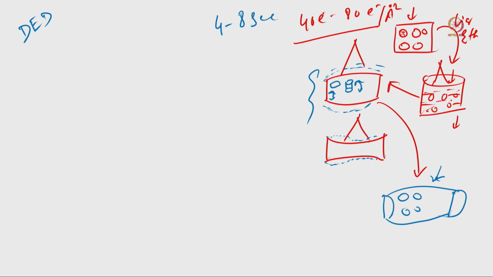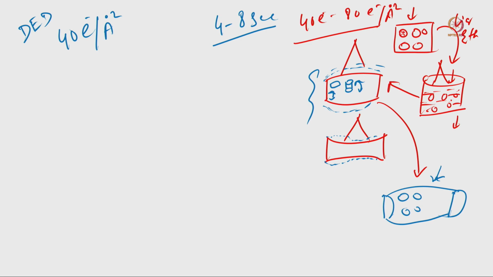So, now if you use a 4 second or 8 second exposure, and you consider the total electron dose to be 40 electrons per angstrom squared, you are collecting a 4 second or 8 second exposure.